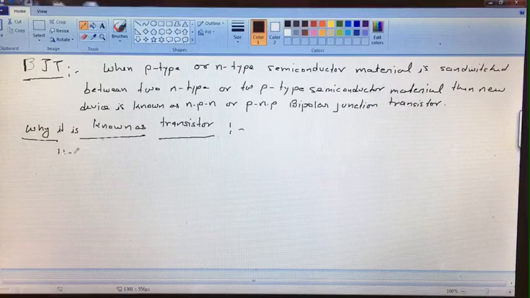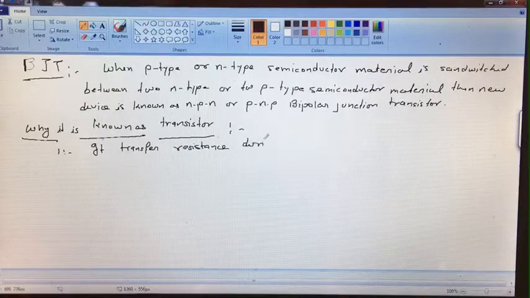First reason, it transfers the resistance during its operation. It means it transfers the resistance, so that's why it is known as transistor, transfer of resistance.